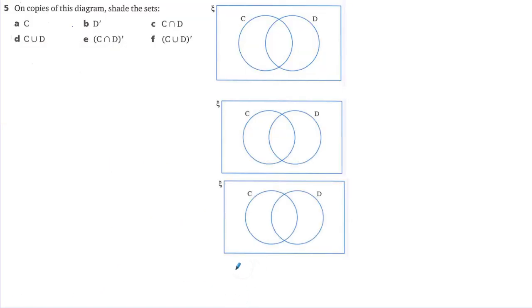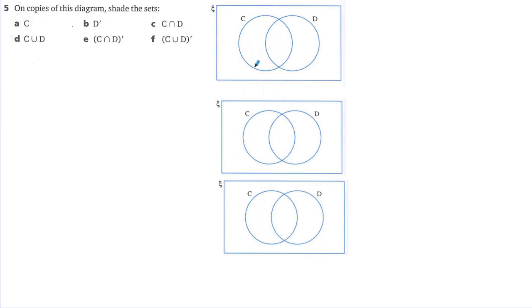Okay, this is the last question of this video, and we are going to shade the areas as given here. For each question, A, B, C, D, E, F, we should use a different diagram. I'm only going to solve A, B, C here, that's why I made copies of only three of them.